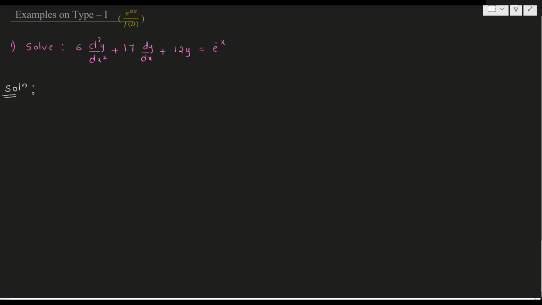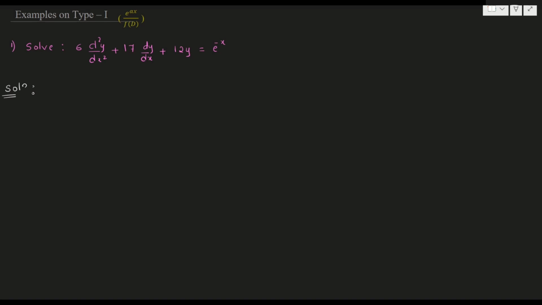In the last video also I explained the working procedure. What was that? We consider d by dx as capital D. Then d square by dx square will be capital D square, and so on.